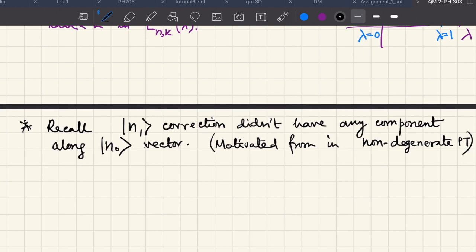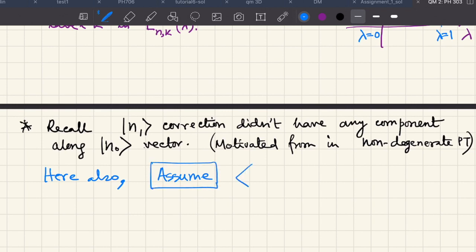So here also we will assume that n0k with npk will be 0 for p greater than or equal to 1.